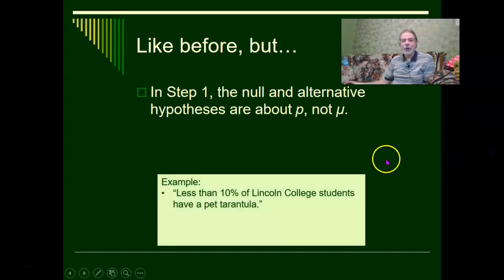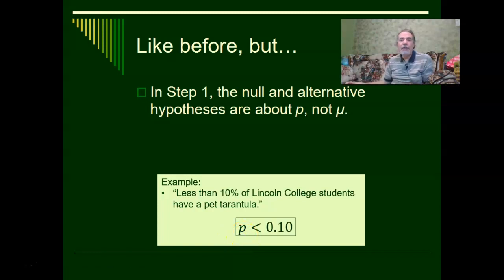So for example, if your claim was that less than 10% of Lincoln College students have a pet tarantula, we could write that as p, the percentage or proportion of the population that we're talking about, Lincoln College students, fall into the category of tarantula owners.